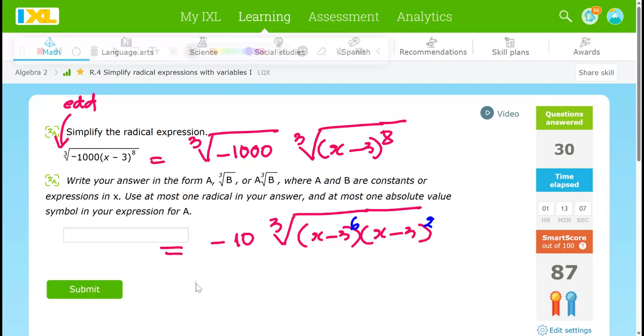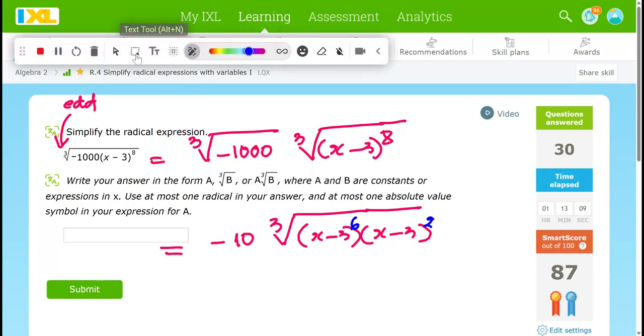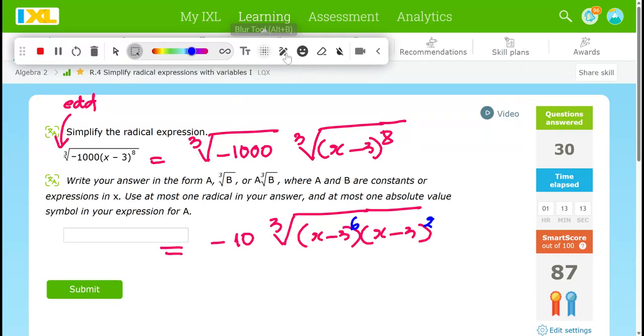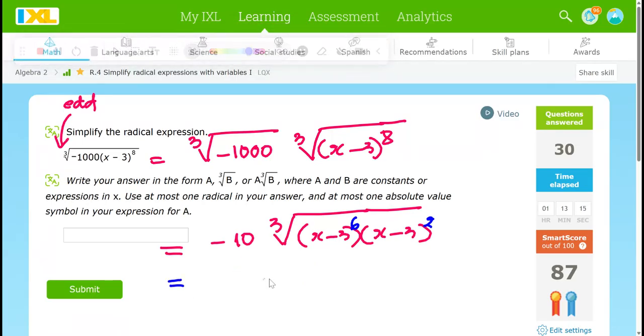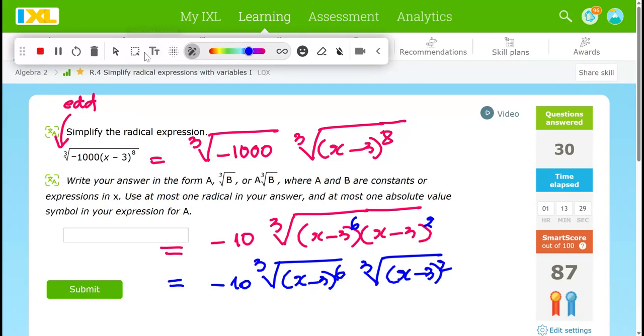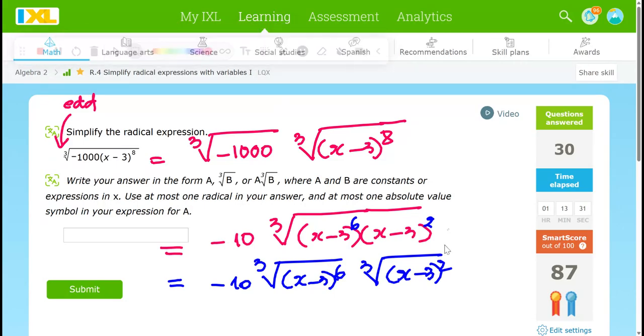Okay, so here we go. You can see the back part cannot simplify further. Now the front part: cube root of x subtract 3 to the power of 6, and then cube root of x subtract 3 to the power of 2. This part you cannot simplify further.